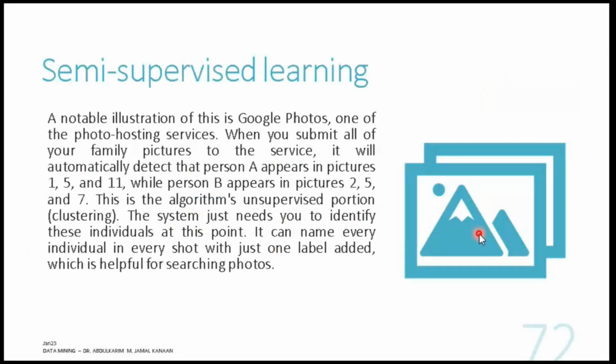One nice example or application of semi-supervised learning is Google Photos, one of the photo hosting services. When you submit all of your family pictures to the service, it will automatically detect that person A appears in pictures 1, 5, and 11, while person B appears in pictures 2, 5, and 7. This algorithm's unsupervised portion is going to do clustering.